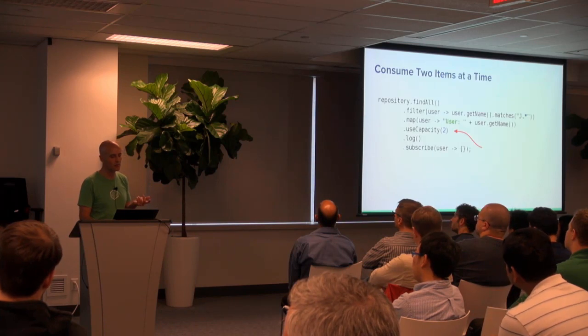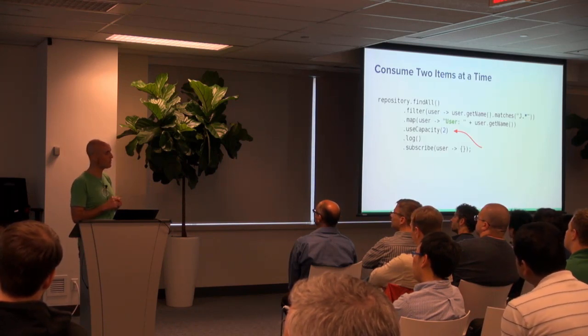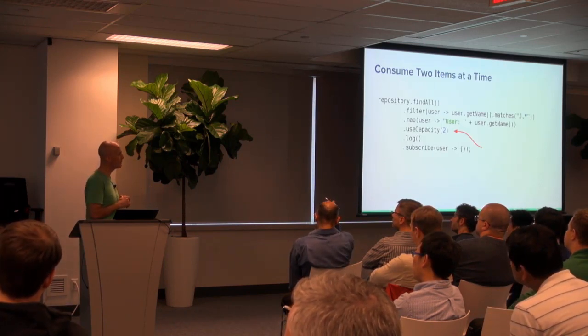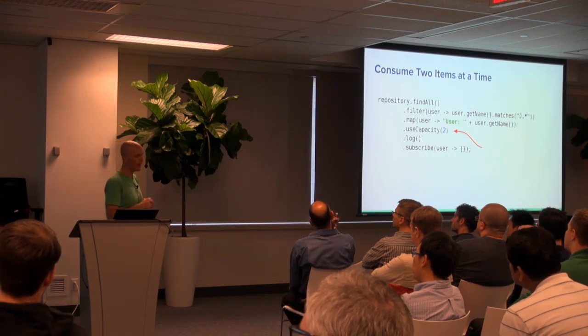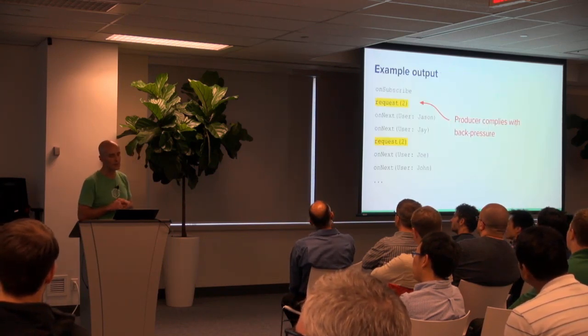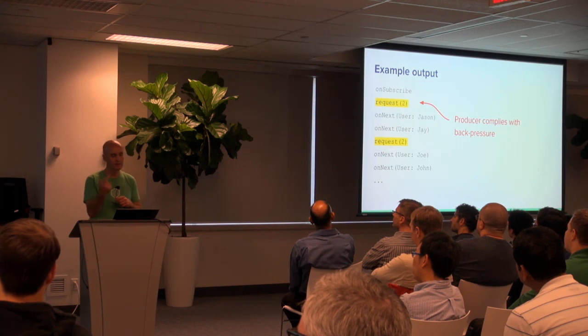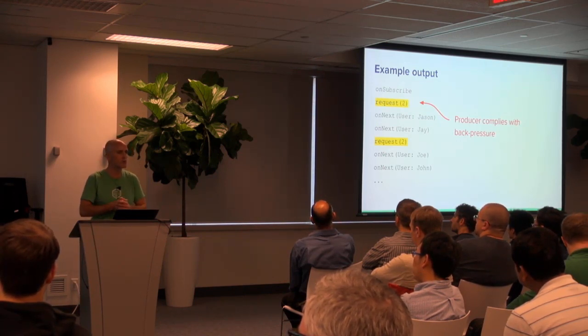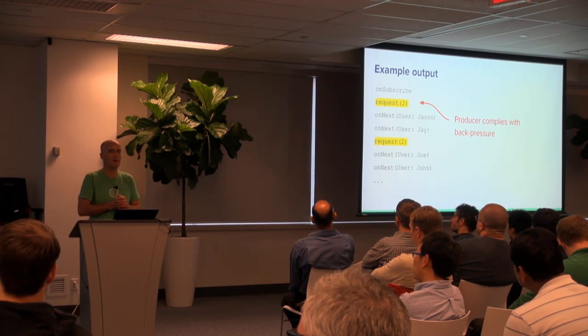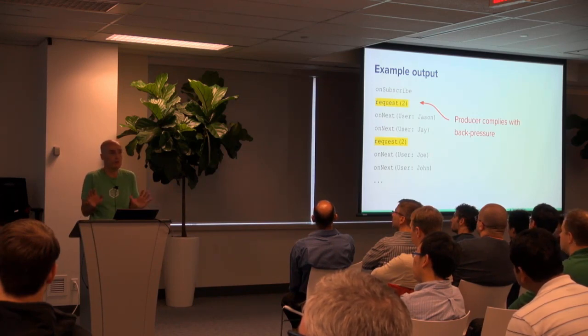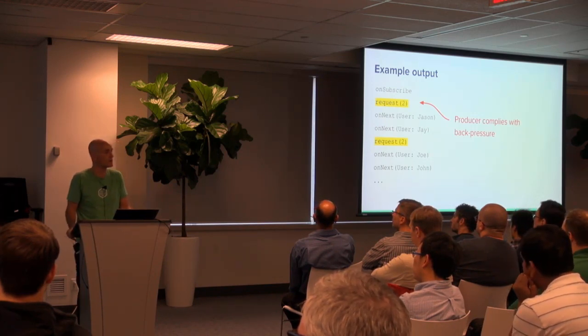Let's say that our repository was truly non-blocking, and what can happen here is that when you say give me 2, it comes in a thread. Let's say they're available immediately, it gives you 2 users, and then you don't request anymore, and then it exits, and we're not using any thread, right? It's just waiting.